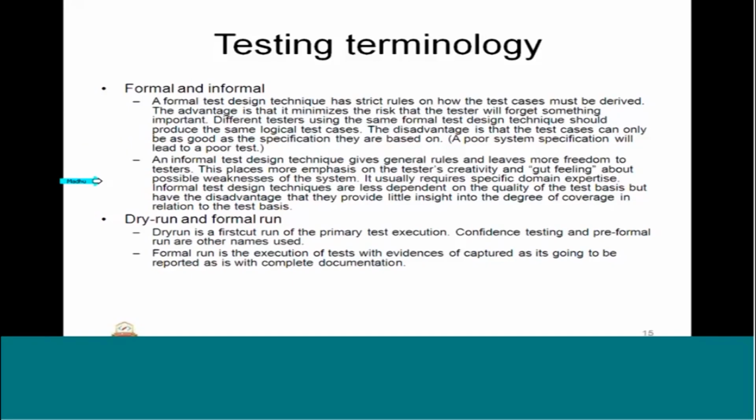An informal test is another design technique that gives general rules and leaves more freedom to the testers. That means in an informal test, the tester has a second chance of revisiting the test approach or technique, and he can slightly modify it, or there is scope for improvement. There are hooks where he can adopt some changes or propose some changes.